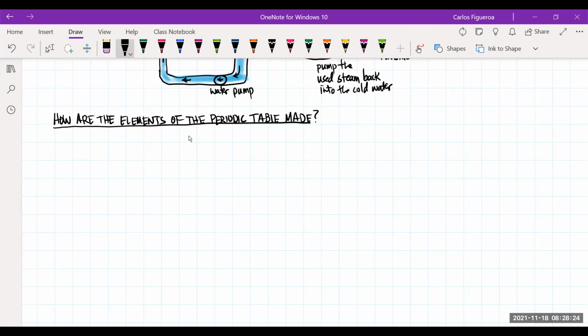Most people would think, yeah, that's just a standard question. No, it's not. We're really asking this question here: how are atoms made?